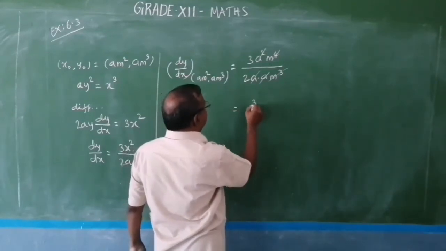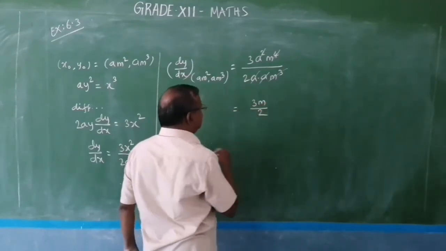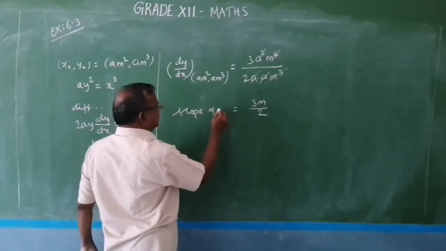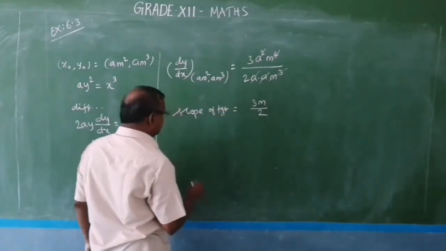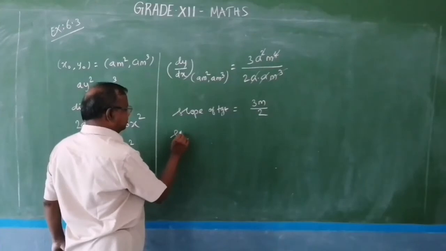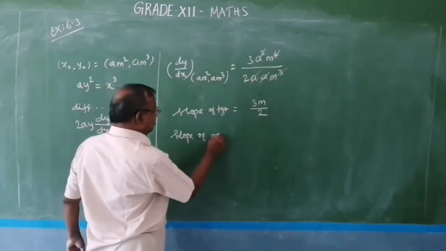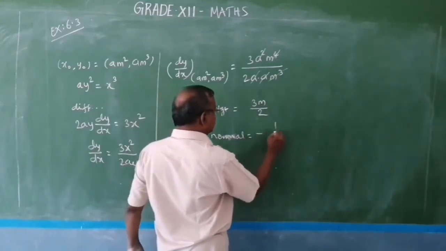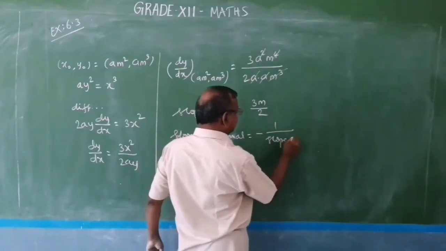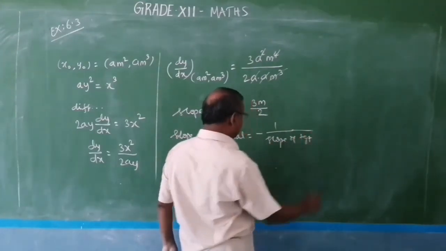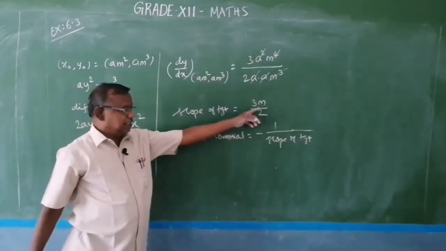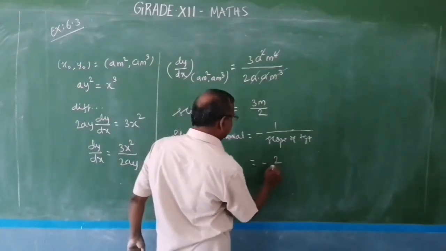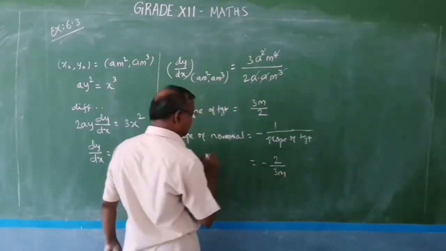Therefore, it is 3m divided by 2, which is the slope of tangent. Now slope of normal equal to minus 1 by slope of tangent. I didn't use the symbol m because here there is an m, so it may lead you to confuse. It is equal to minus 2 by 3m. So this is the slope of normal.